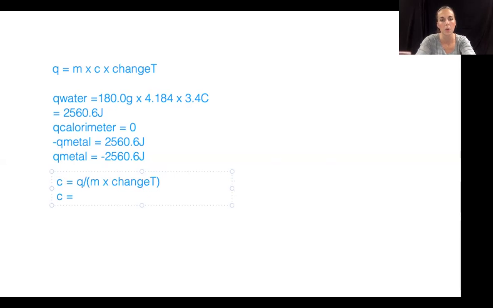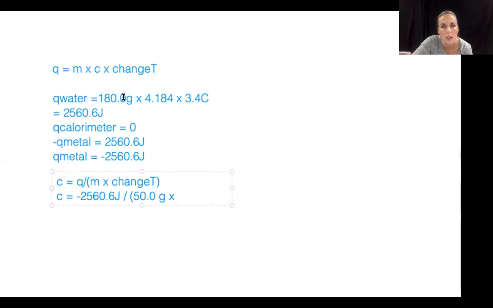So C equals the Q of my metal, negative 2560.6 joules, divided by the mass of my metal, which is 50 grams, times the change in temperature.